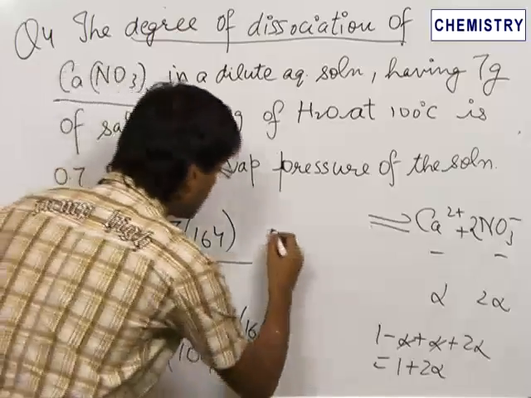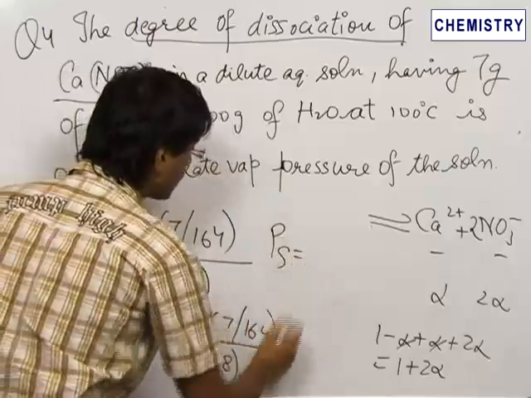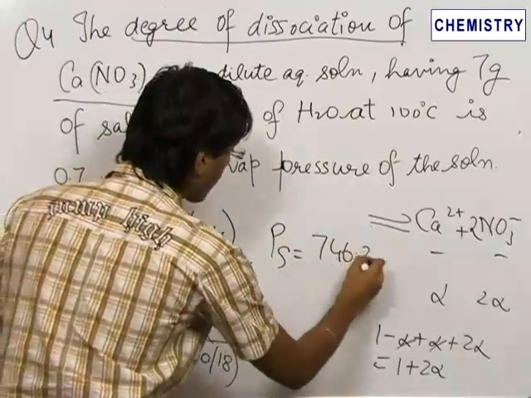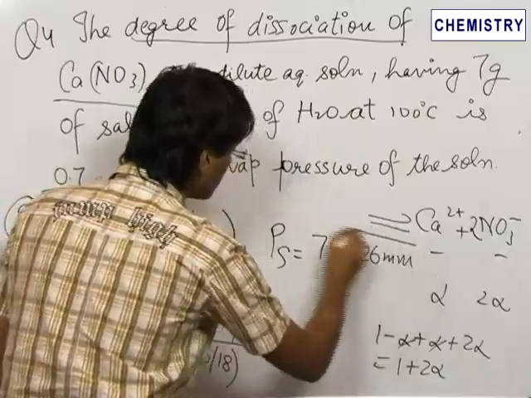On solving this equation, we get the final vapor pressure to be equal to 746.26 millimeter of mercury.